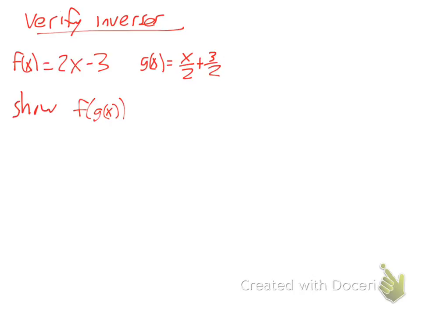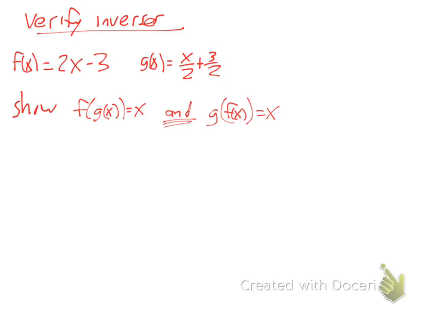I have to show that f of g of x is equal to x. And, big and there, g of f of x also equals x. That means if I place one inside the other, I get x out. And it has to go both ways. You have to be able to switch g inside of f and f inside of g. If one does not work, they're not inverses, you're done. If it works in one, you got to test the other.